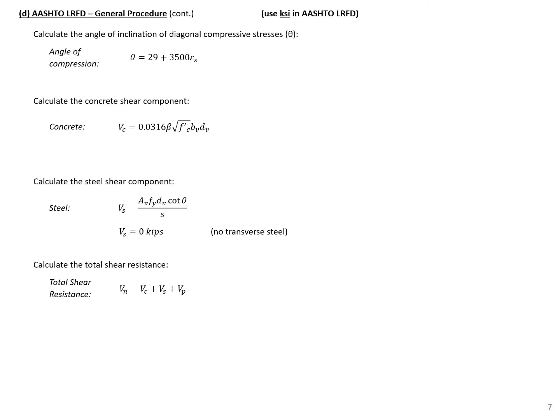We can also use our strain at the level of our tension steel to find the angle of our compression, or the crack angle. So this will be 29 plus 3,500 times our strain that we found on the previous slide, 0.000956.